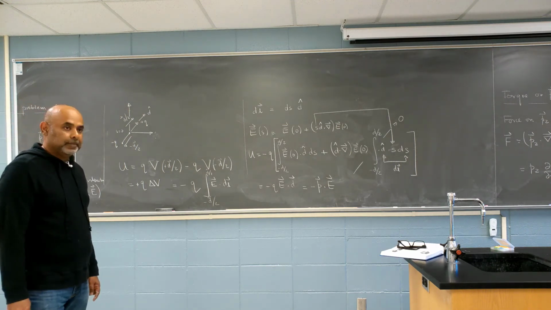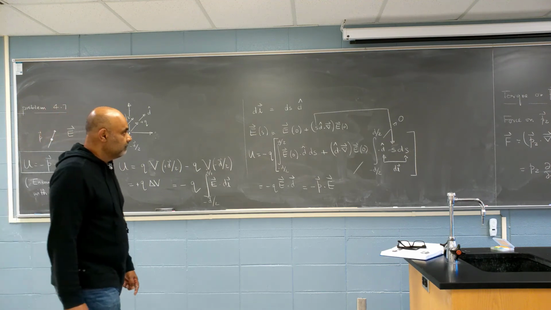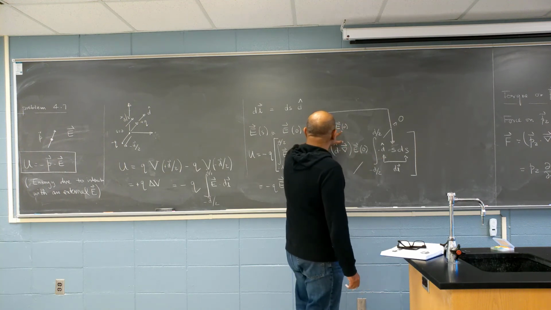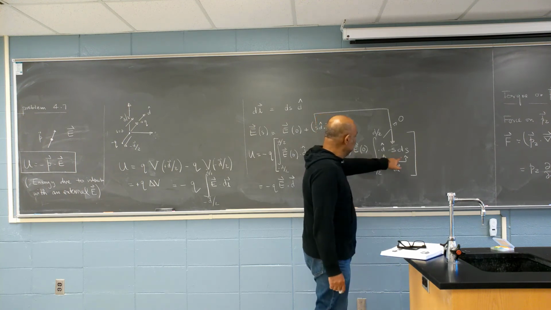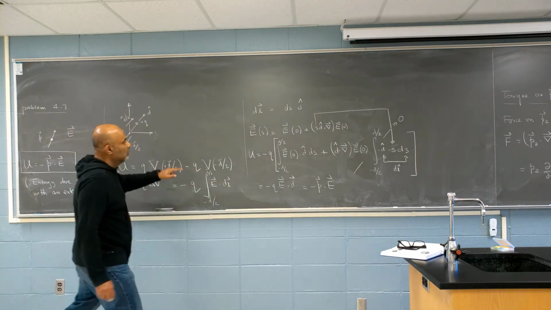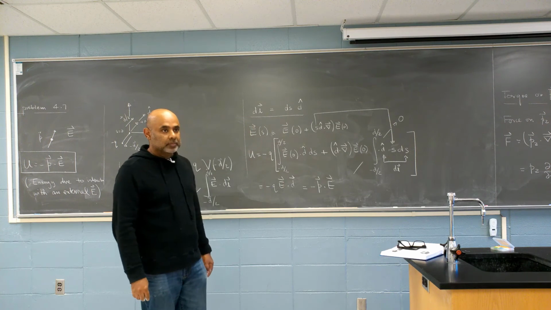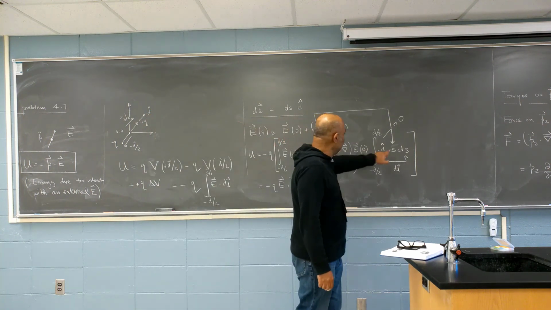So that term, d hat ds, is this dot dl. I wrote it in altogether a messy way. This is dl. And then this s, I brought it over here.